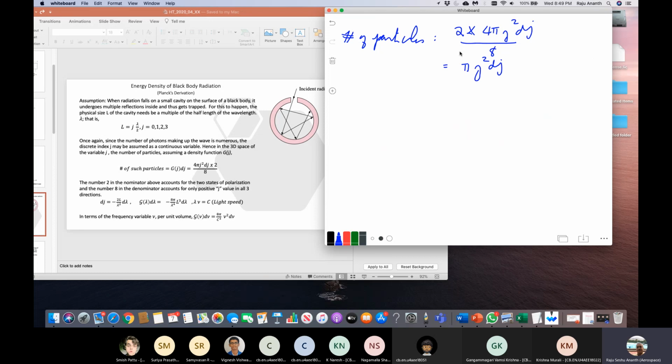Okay, now there's an interesting transformation that I want to account for. How much is the distribution of the particles in the dj? So I'm going to call this g(j) dj.